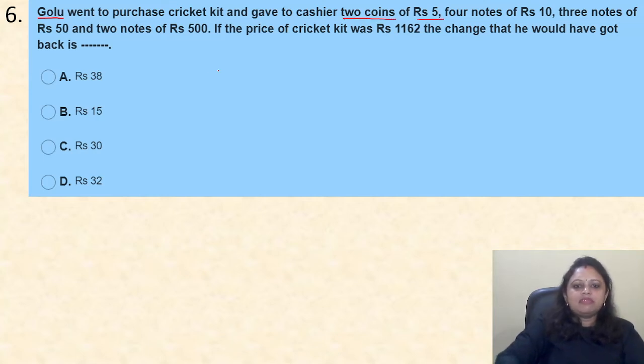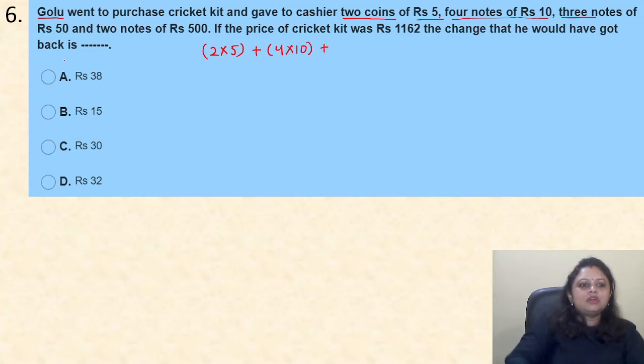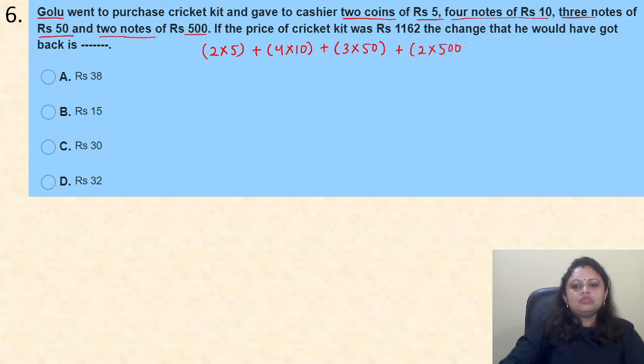So Golu went to purchase the kit, and what amount of money has he given? 2 coins of rupees 5, that is 2 into 5, plus 4 notes of rupees 10, that is 4 into 10, plus 3 notes of rupees 50 is 3 into 50, plus 2 notes of rupees 500, that is 2 into 500.